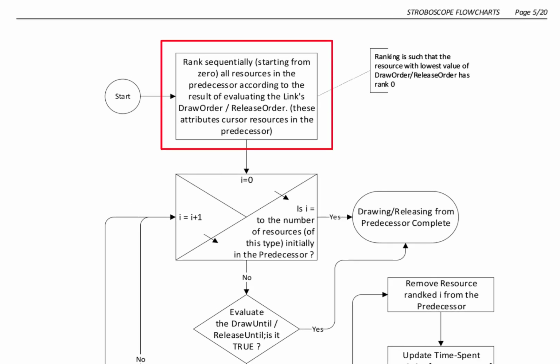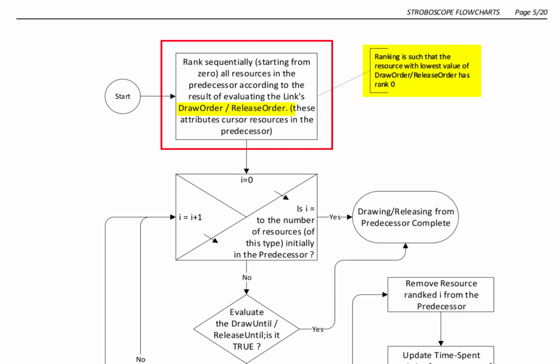At the beginning of this process, Stroboscope sorts all the resources that can be drawn or released through this link according to the expression of the draw order or release order statement. This process of sorting the resources, or ranking the resources, is such that the resource with the lowest value of draw order or release order expression has rank 0.